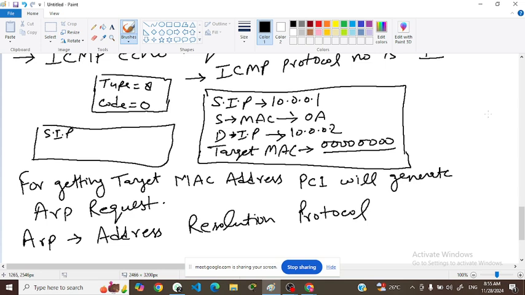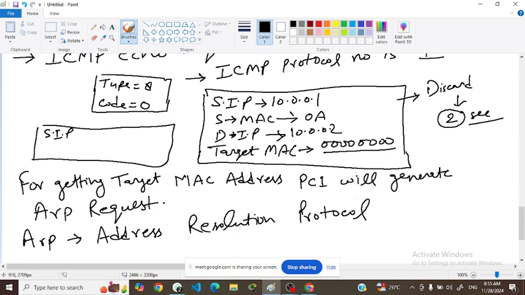An ICMP packet will generate here, but the target MAC we don't know. So this packet will be discarded. It will wait for 2 seconds, and after 2 seconds this packet will be destroyed.